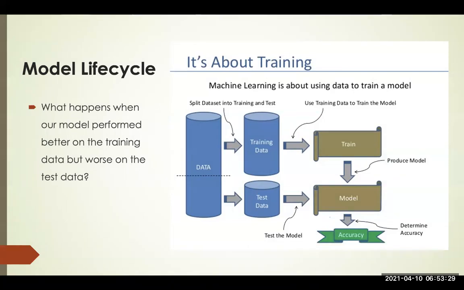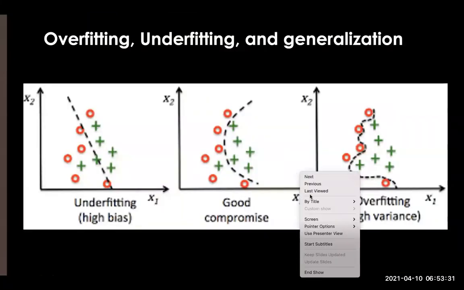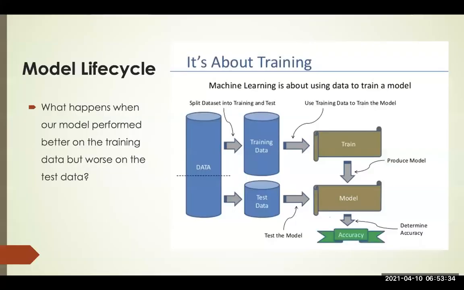Good. Now the next thing is build. I have my training data, and the next step is to build the model, which we said means train the model. Training means running the algorithm we want to use on the training data.